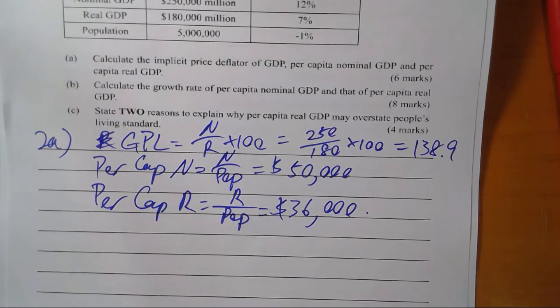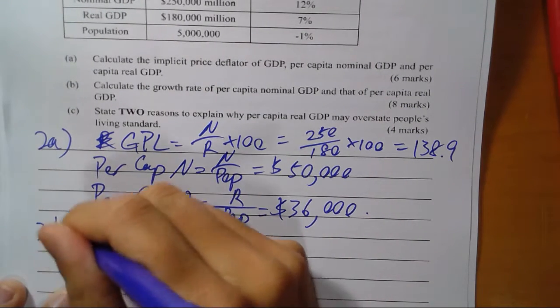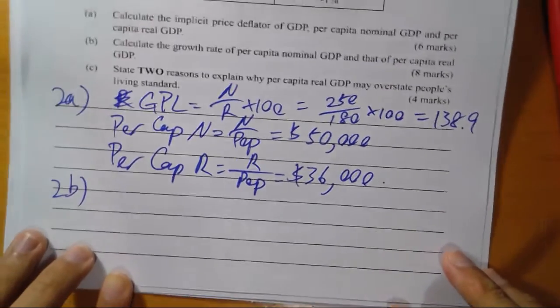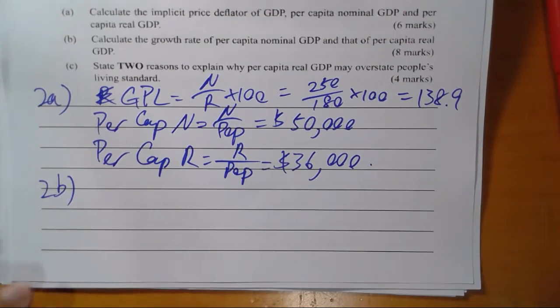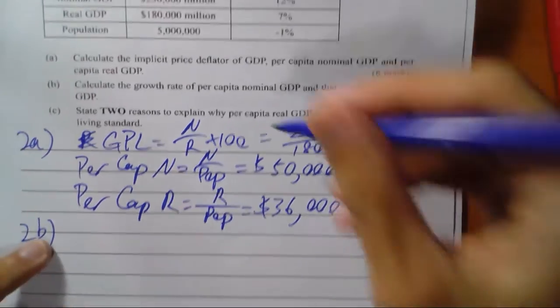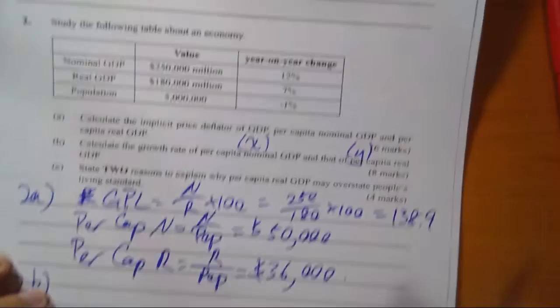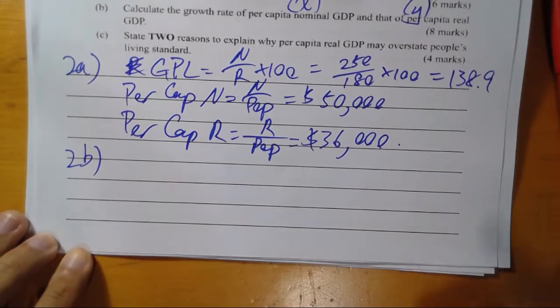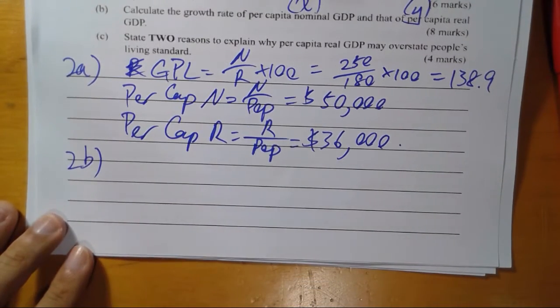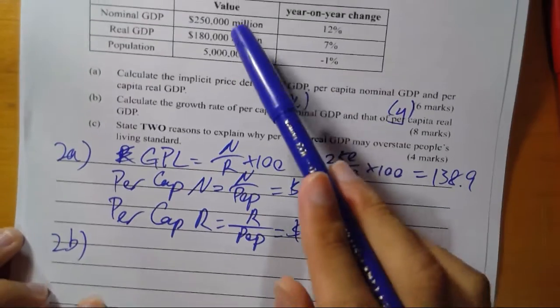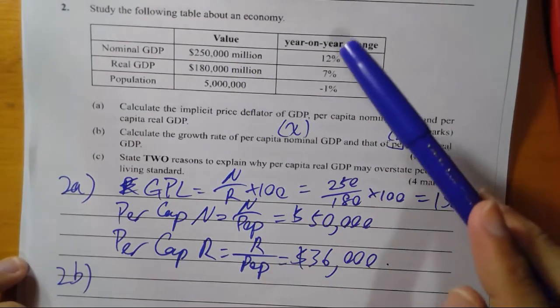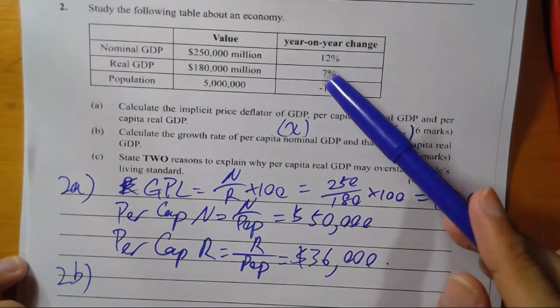Now, to B, we need to calculate the growth rate of per cap nominal GDP and that of per cap real GDP. To calculate growth rate, let's call this X and let's call this Y. 嗱 growth rate 點計啊？新減舊除舊啊嘛。Now we have the new one. We have the year-on-year change only.